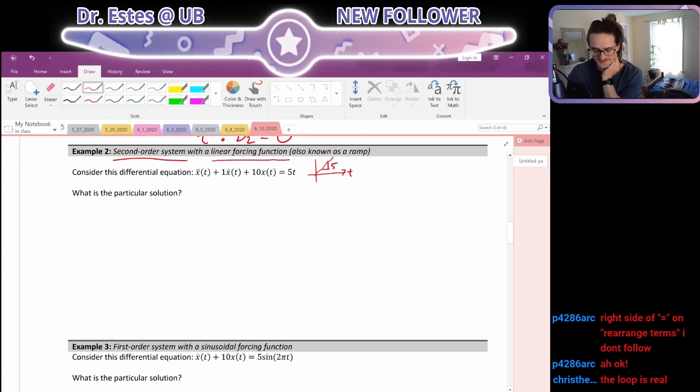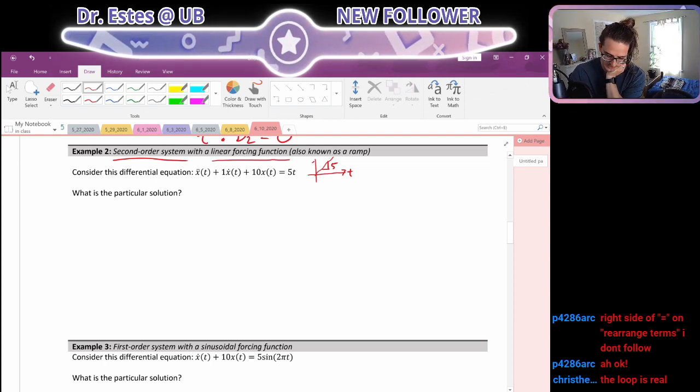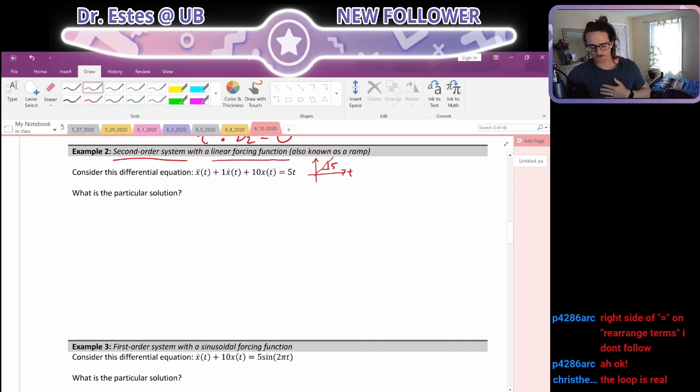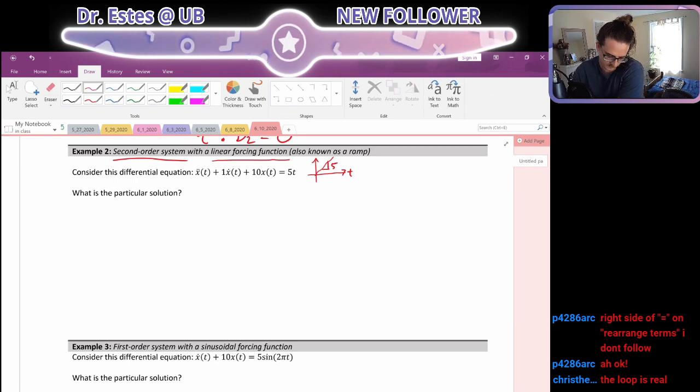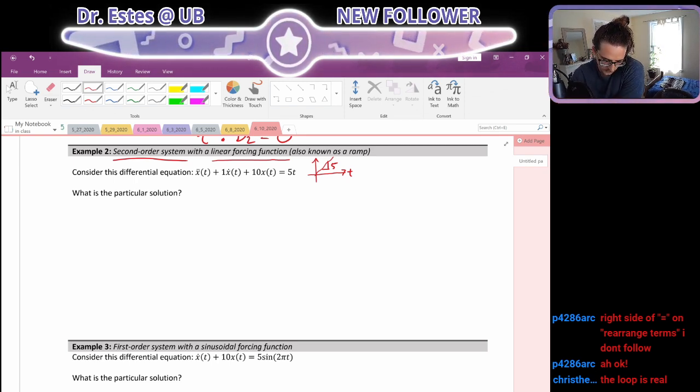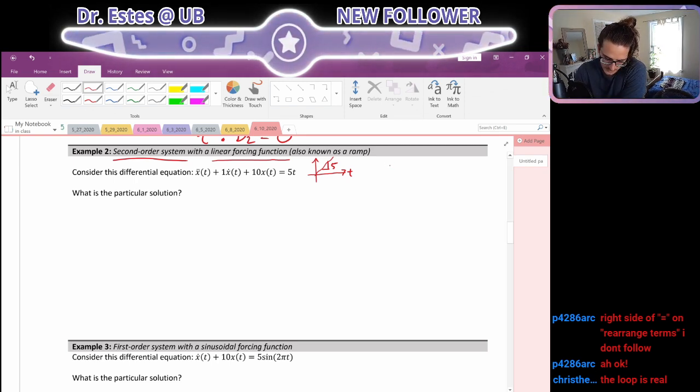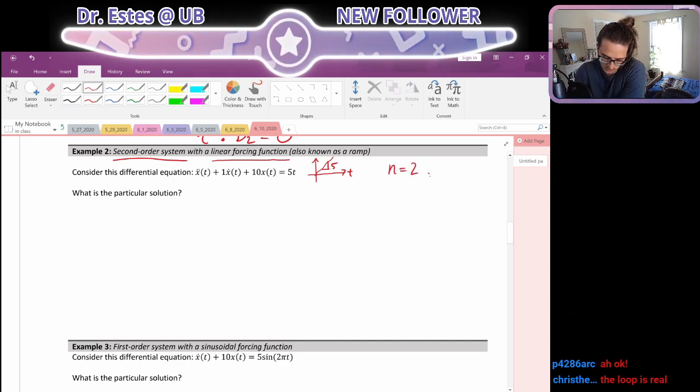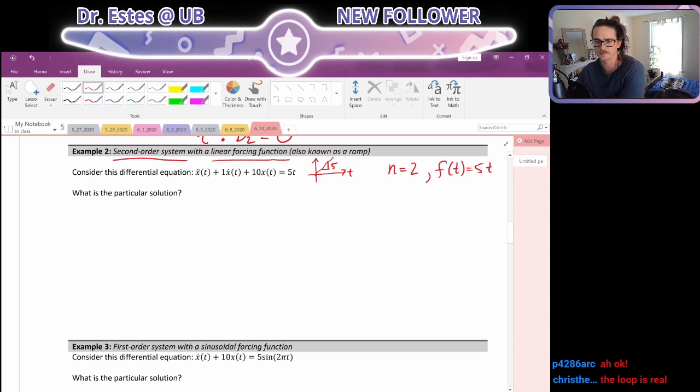Stuck in an infinite loop. Okay. So it's second order, so n equals 2, and f of t is 5t.